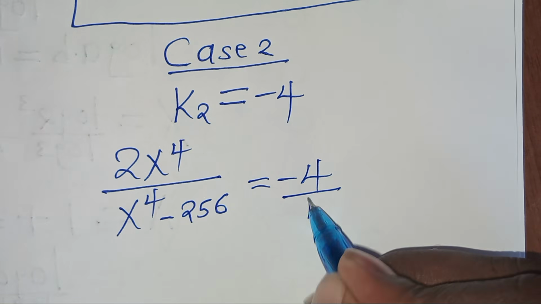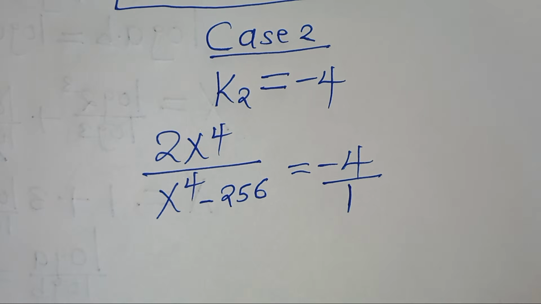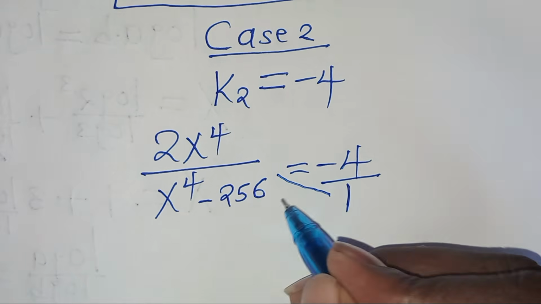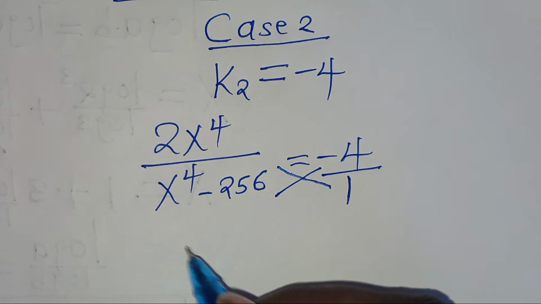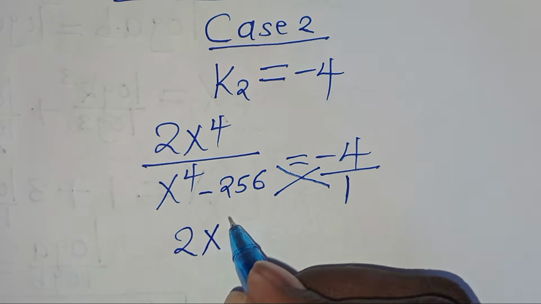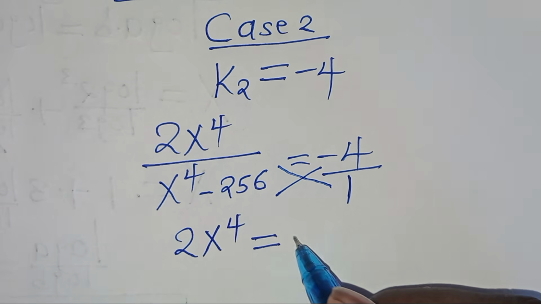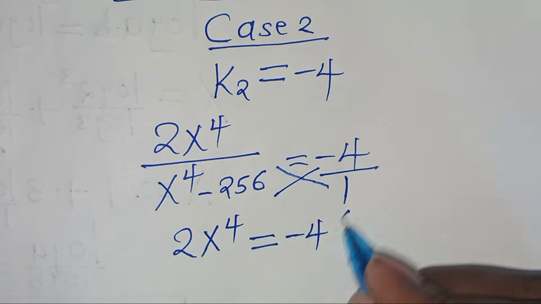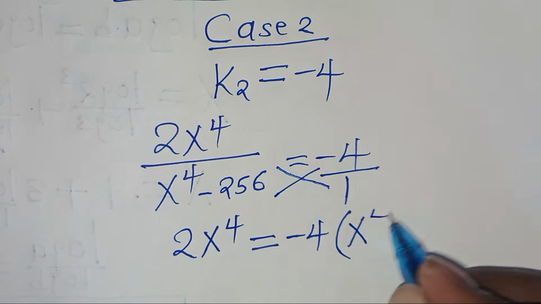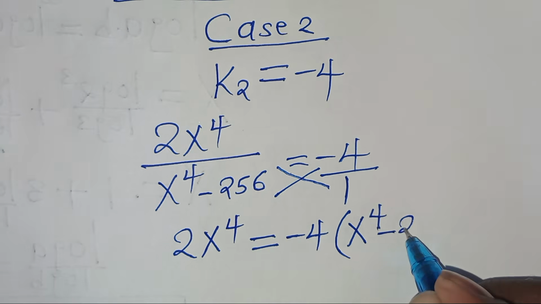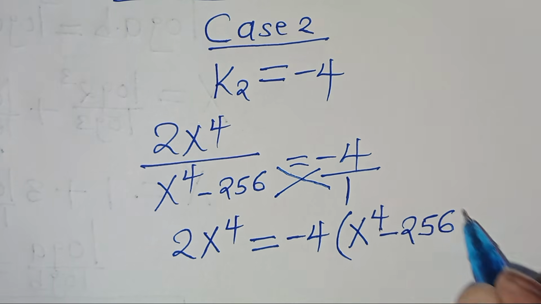Negative 4 is a whole number, so this is over 1. So the next step is to cross multiply from here, so that we have 2x to the power of 4 equal to negative 4 multiplied by x to the power of 4 minus 256.